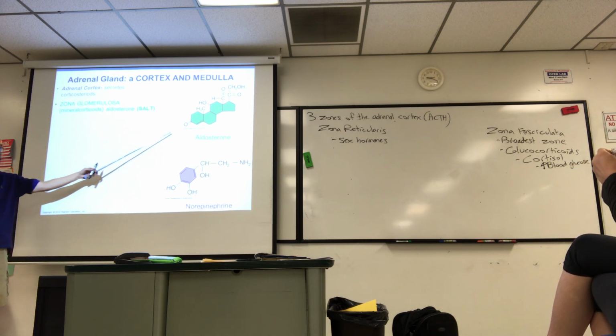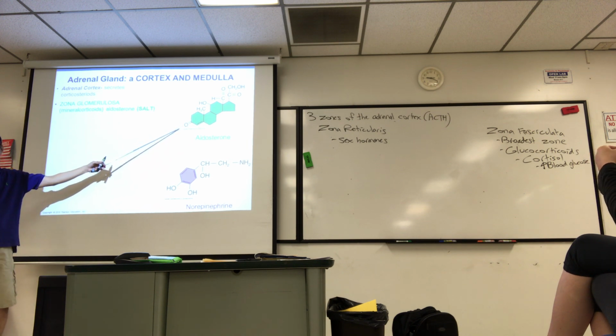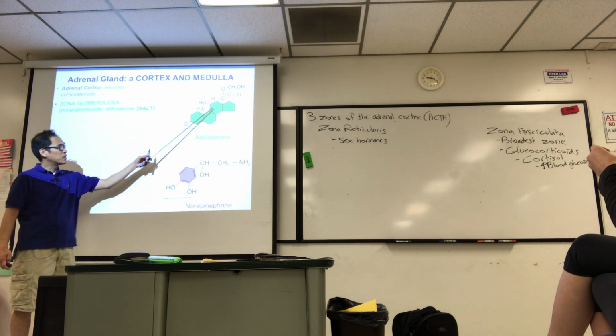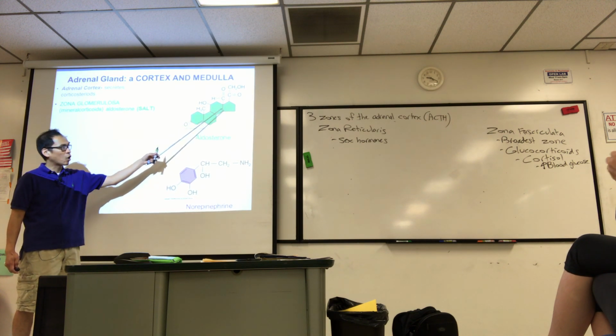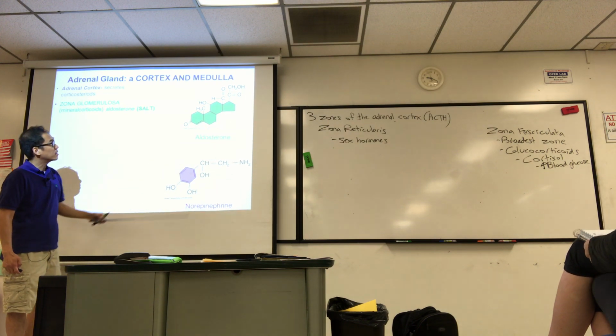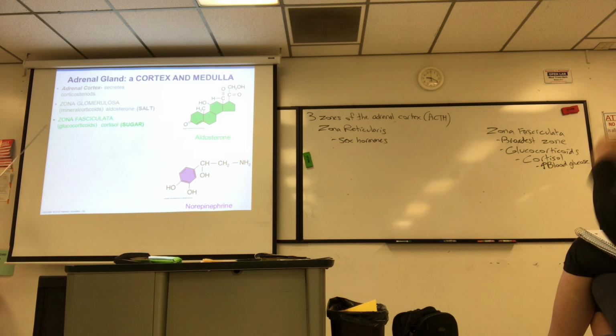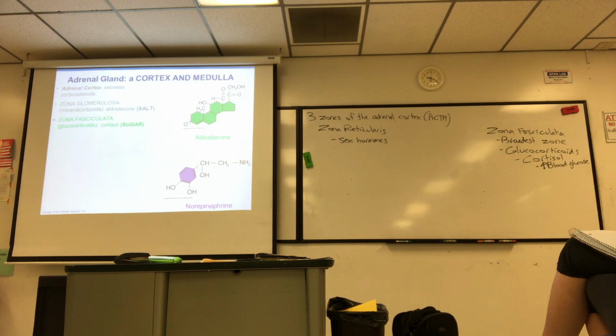There's the molecular structure, although you're not responsible for it. But you should know the general structure of corticosteroids and steroid hormones in general: these 4 flat hydrocarbon rings. I did teach that the last time. Cortisol is the main glucocorticoid you got to know from Zona fasciculata.